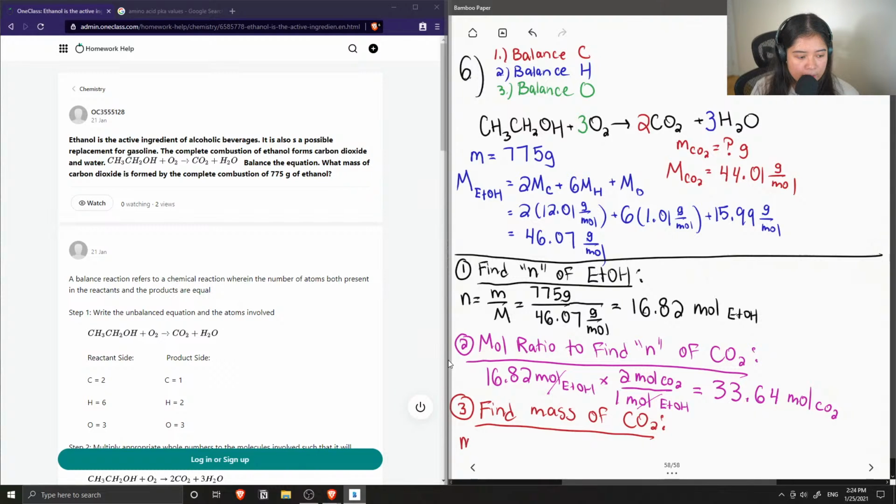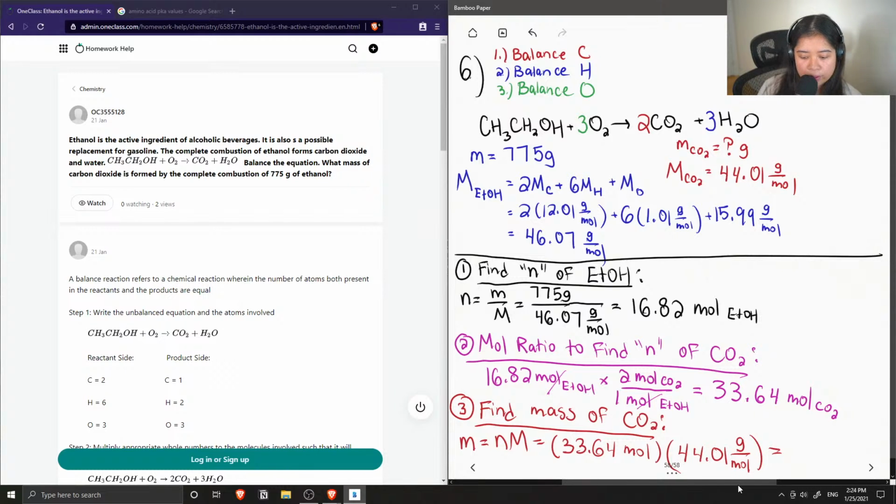So we know that the mass can be found by multiplying the number of moles times the molar mass. We found the number of moles in the previous step, which was 33.64 moles of CO2. And we also know the molar mass of CO2, which is 44.01 grams per mole.